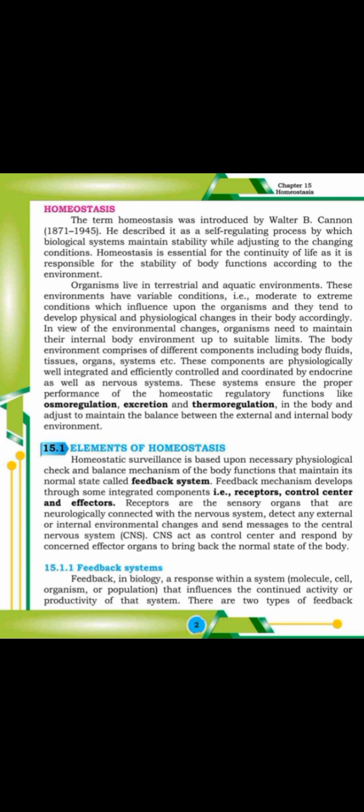And dear students, now let's have an eye on feedback system in detail. So dear students, feedback in biology is a response within a system, means molecule, cell, or organism or population, that influences the continued activity or productivity of the system.